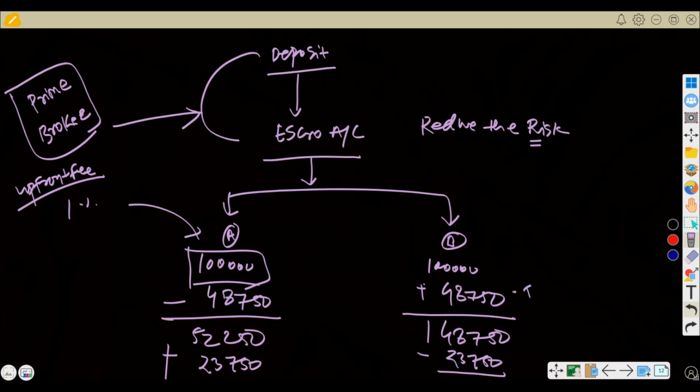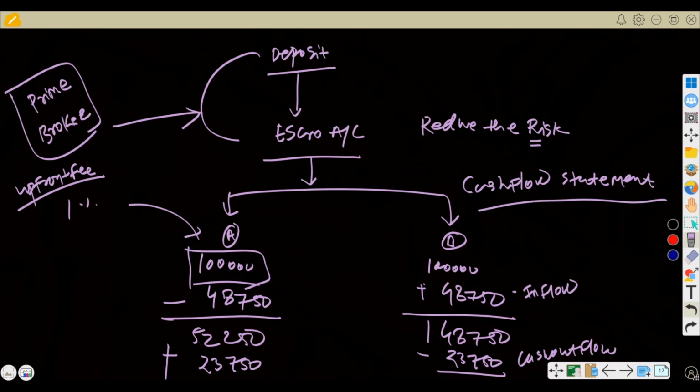Cash flow in, inflow, outflow, inflow, outflow. And that statement we call a cash flow statement. The broker maintains it.